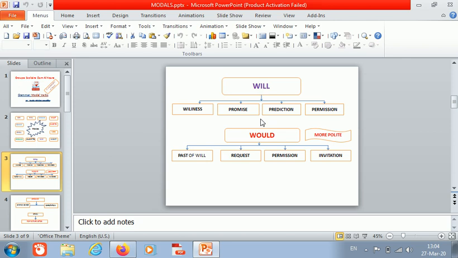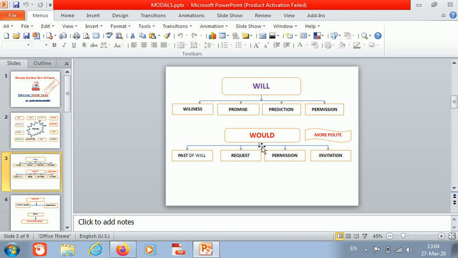But when we say prediction, here we are not sure. We predict to do something in the future. So here we say I will, which means I'm not sure of doing something. Another function is permission, for example, will you allow me to go? Here you can answer yes, you will, if you want to give the permission.